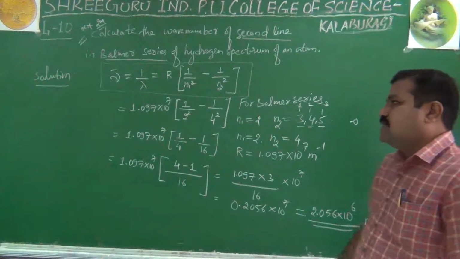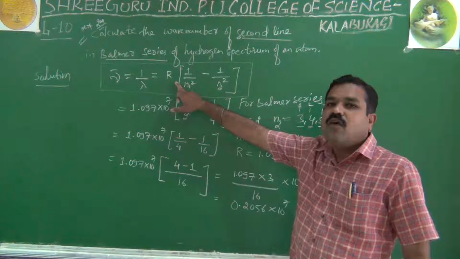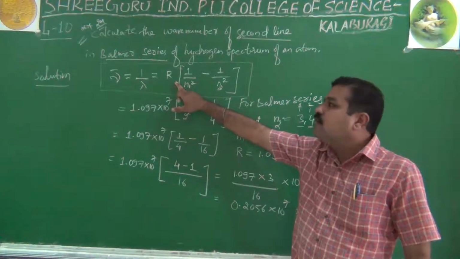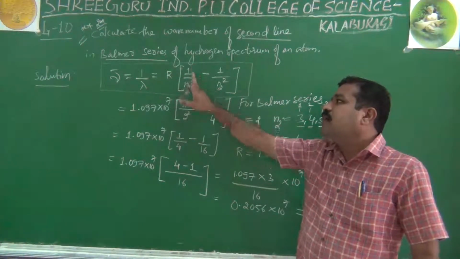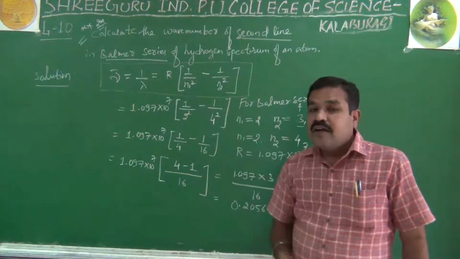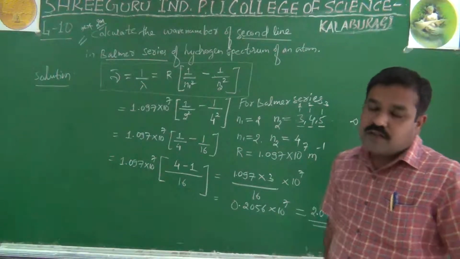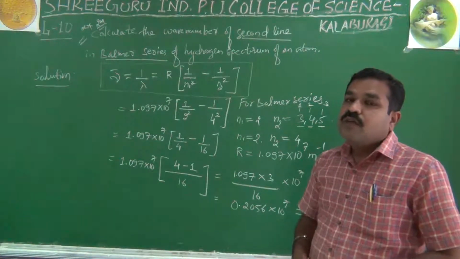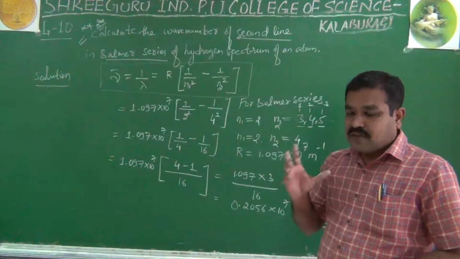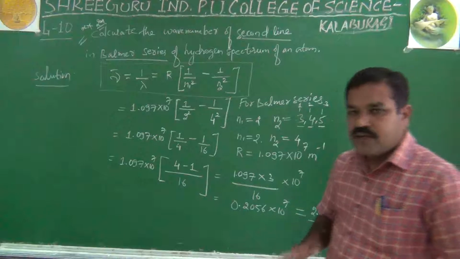In that case, you just have to multiply this by Z square, that is the atomic number. That's it: R into Z square, 1 by n1 square minus 1 by n2 square, if it is hydrogen-like ions. As I told you, because Bohr's model is applicable only for uni-electron systems, that means elements containing only one electron. Okay. Right.